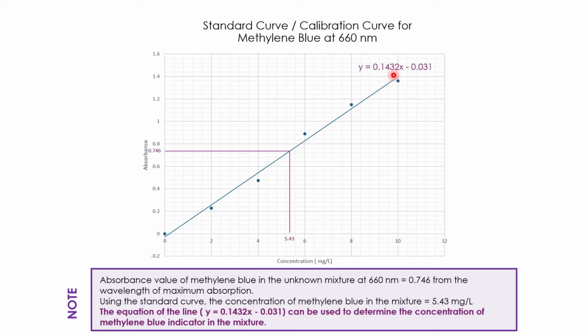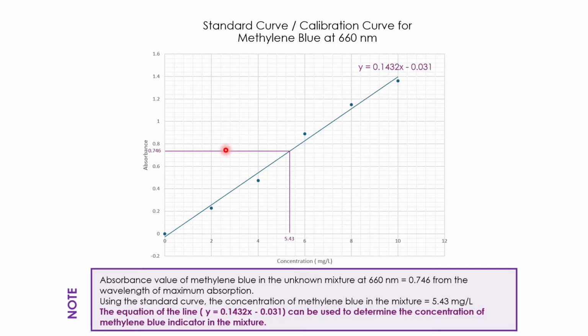If you do that, you will get a value of 5.43 milligrams per liter. So what it means is that the concentration of the methylene blue in the unknown mixture is 5.43 milligrams per liter.